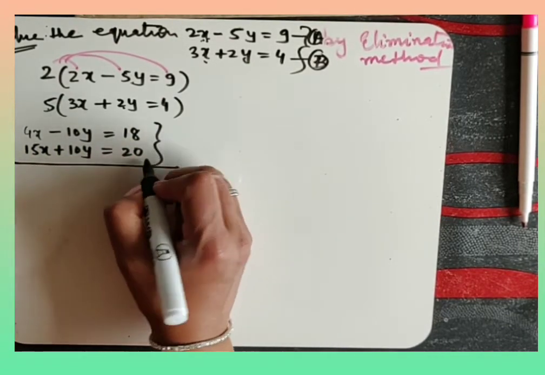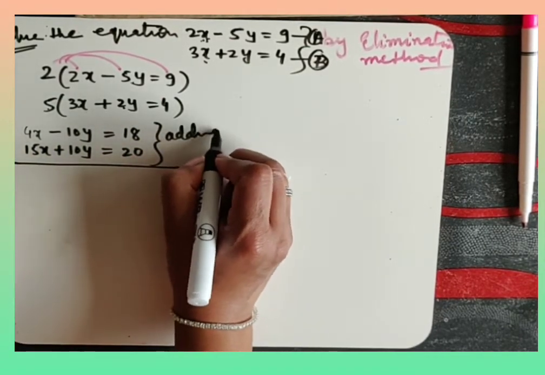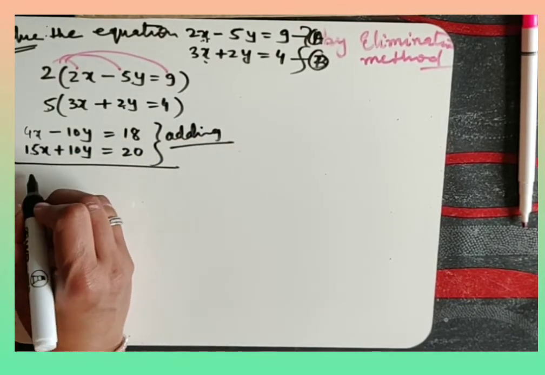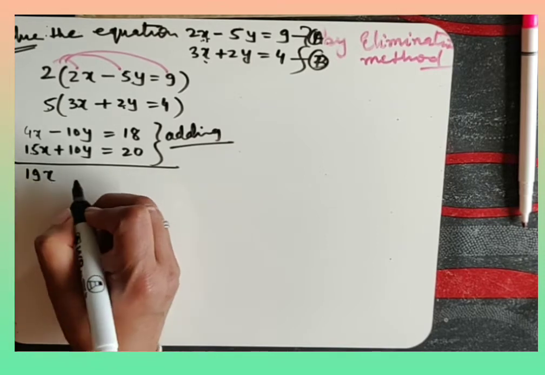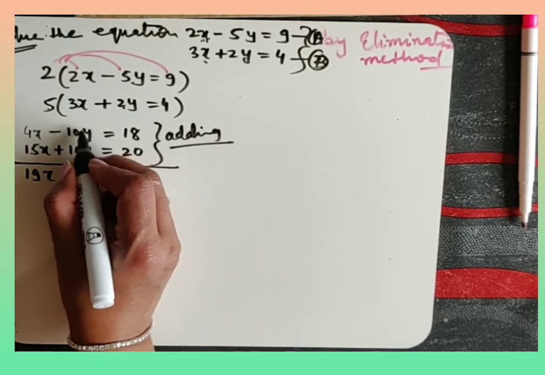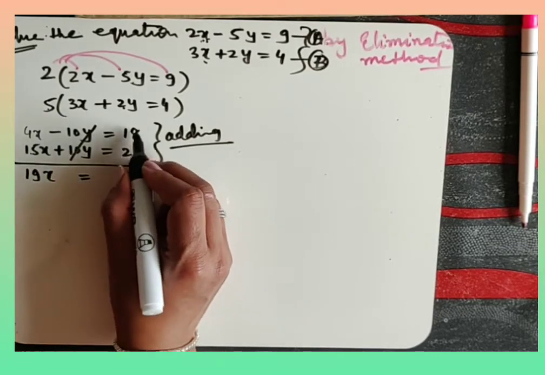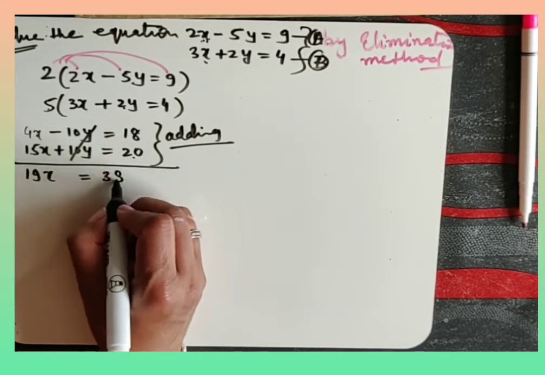Now write down adding both the equations. Now 15 plus 4 is 19x, and then minus 10y plus 10y will be cancelled, equal to 20 plus 18 is 38.